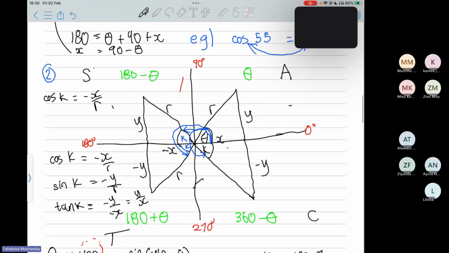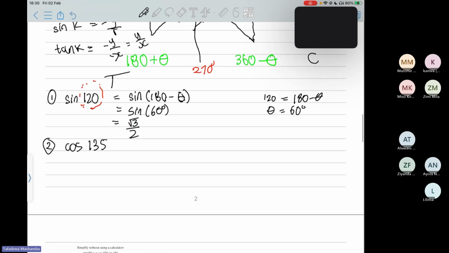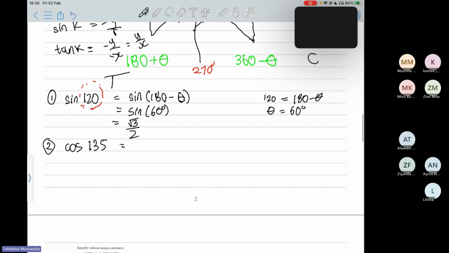Remember what we said, the first thing, let's locate where the 135 is in the quadrant. 135 is greater than 90 and less than 180. Can you see again, this one falls within the same boundary. So what do we write now? We write here cos 180 minus theta.